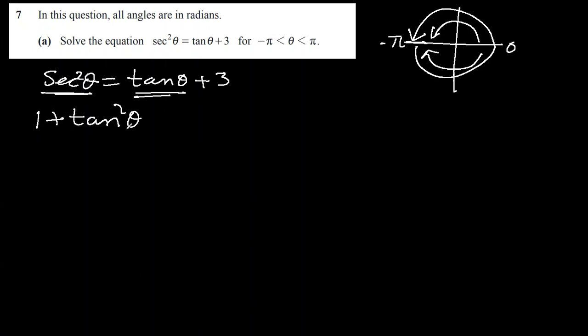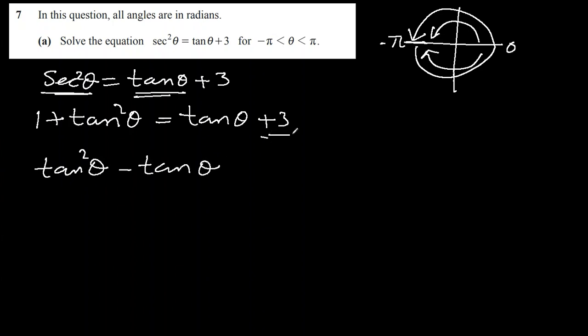Secant squared theta is 1 plus tan squared theta, equal to tan theta plus 3. Let's bring these two also to the left side. So we are left with tan squared theta, then this becomes minus tan theta. This 3 becomes minus 3, and we have a 1 already here. 1 minus 3 is minus 2.